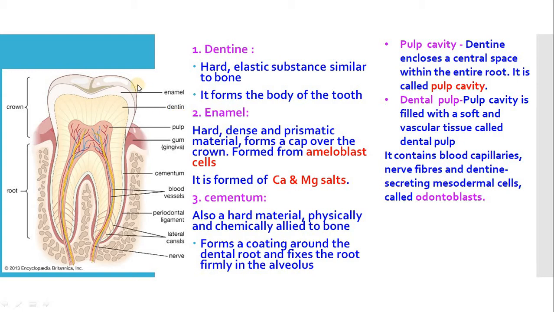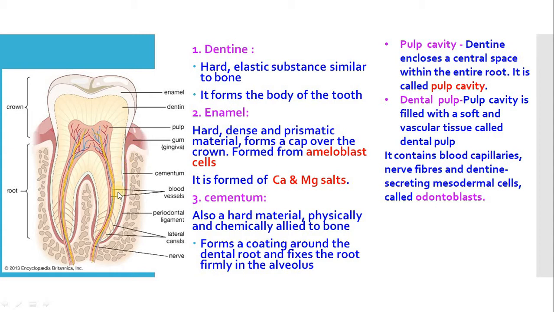Then enamel, a hard, dense, and prismatic material, which shines well. It forms a cap over the crown. It is formed from the amyloblast cells, and is made of calcium and magnesium salts.